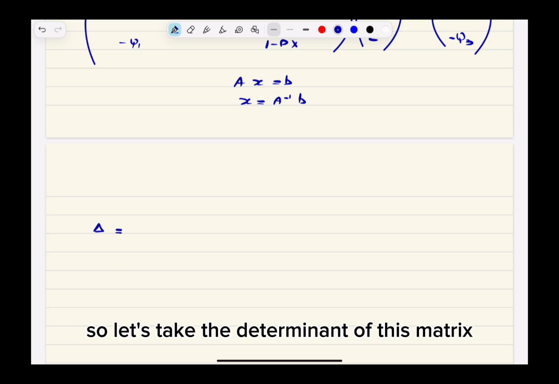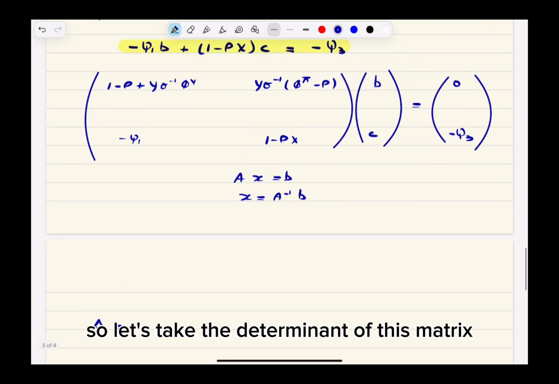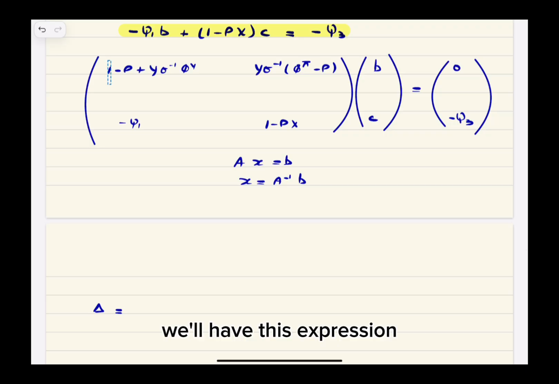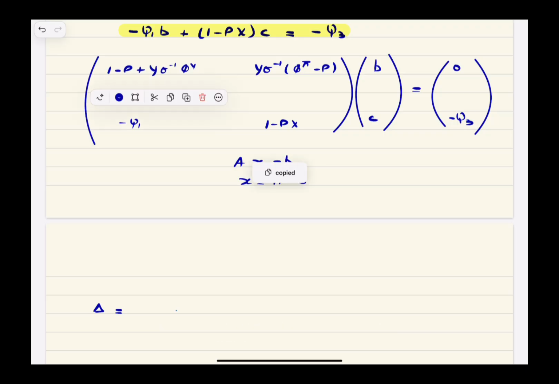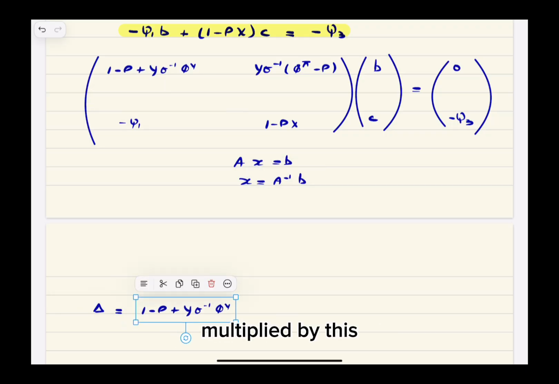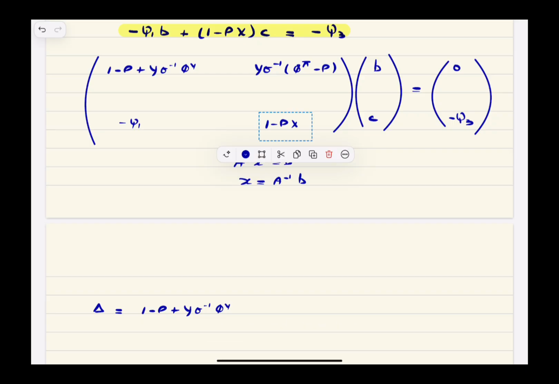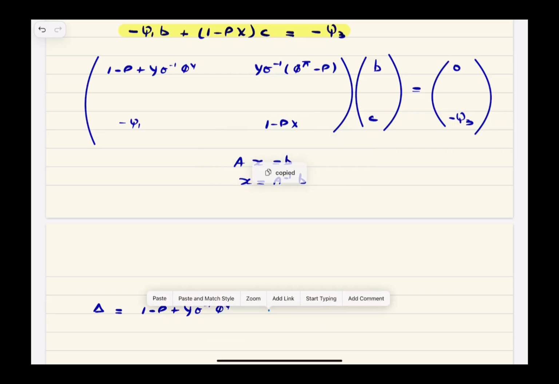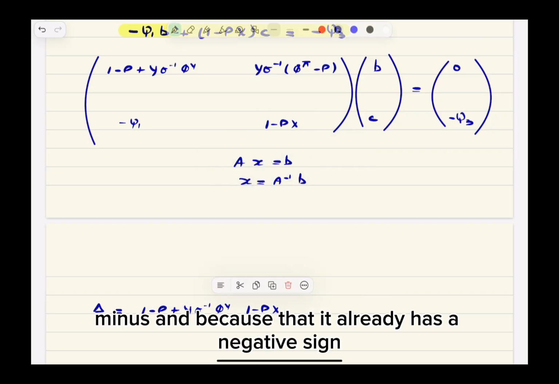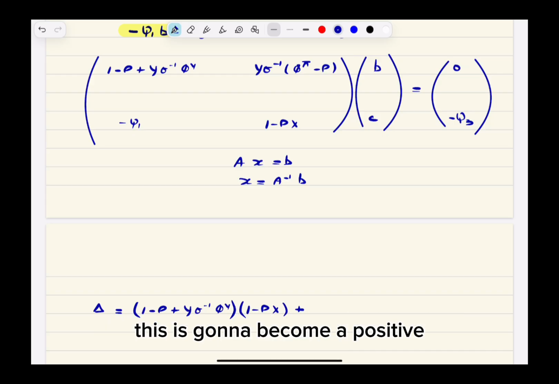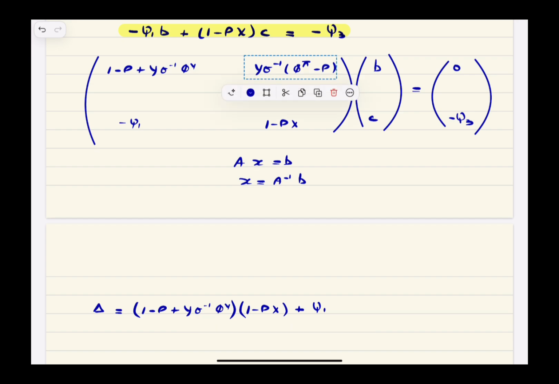So let's take the determinant of this matrix. We'll have this expression multiplied by this minus, and because it already has a negative sign, this is going to become a positive, multiplied by this. Okay.